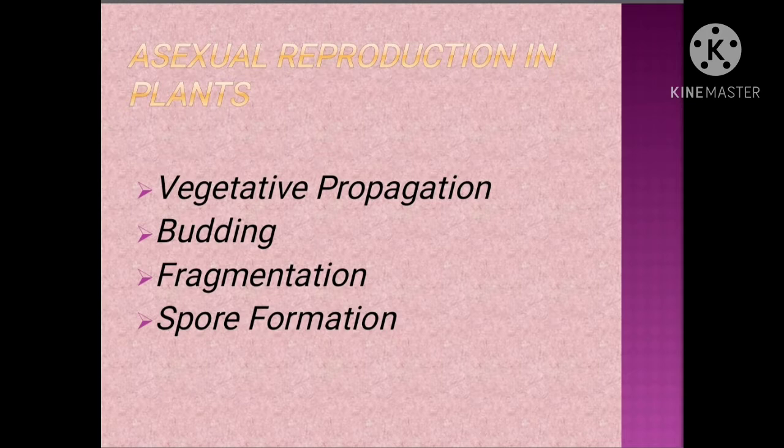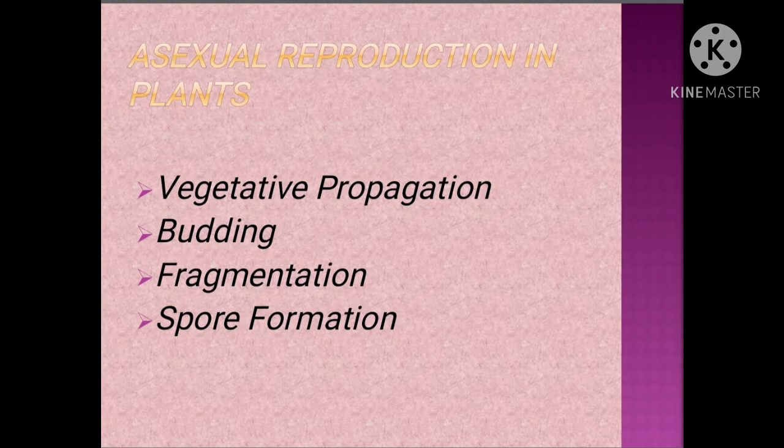Different methods of asexual reproduction in plants are: number 1, vegetative propagation. Common examples: rose, jasmine, potatoes, ginger, etc. Number 2, budding. Examples: yeast, hydra.